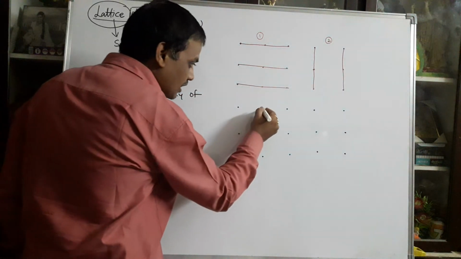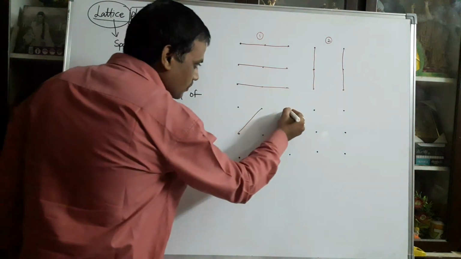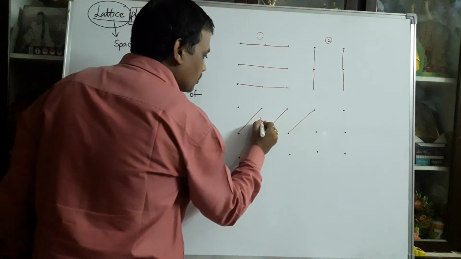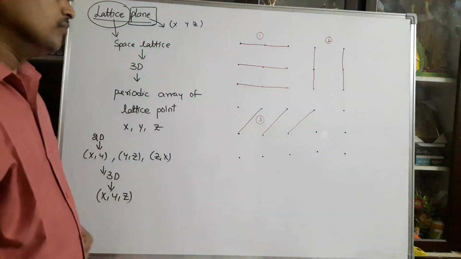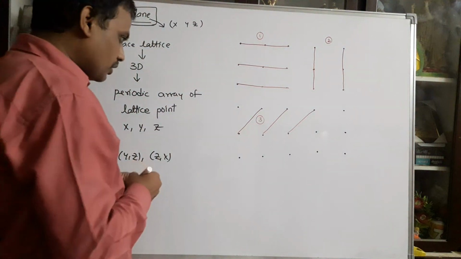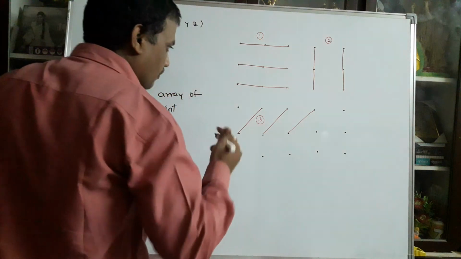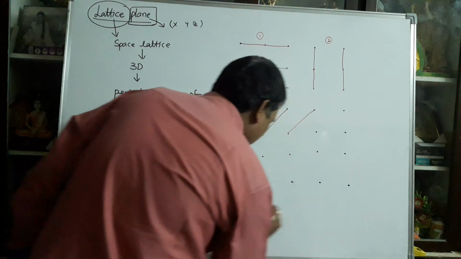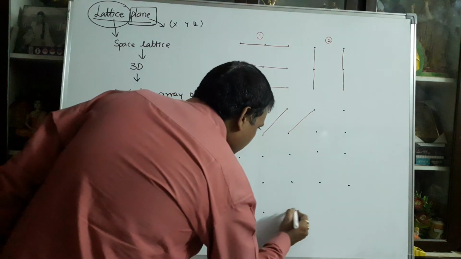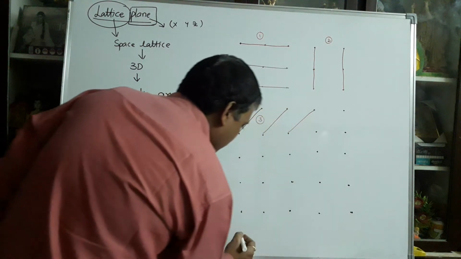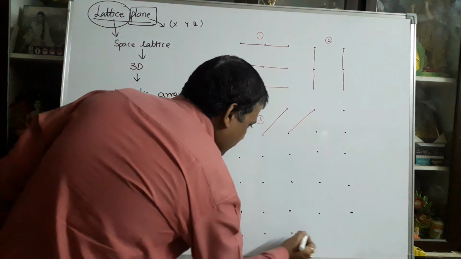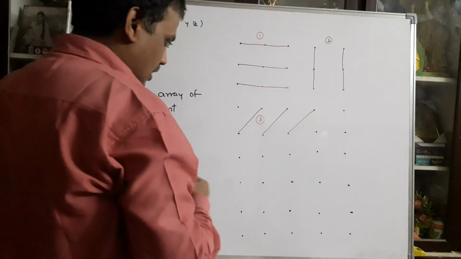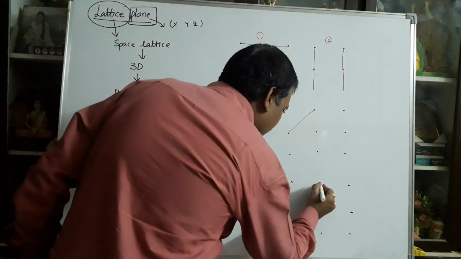I am showing the z direction also like this. This is also a lattice plane. I am showing one more like this. These are the lattice points. I am showing the lattice plane in the triangular form.